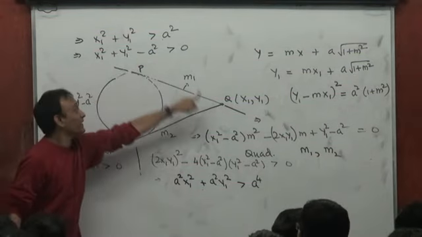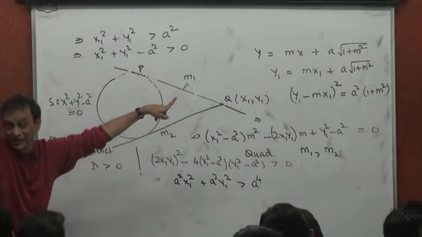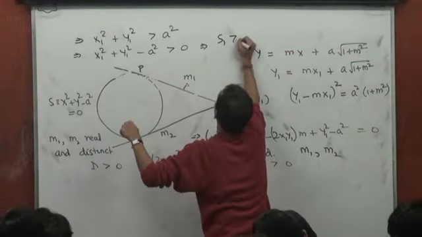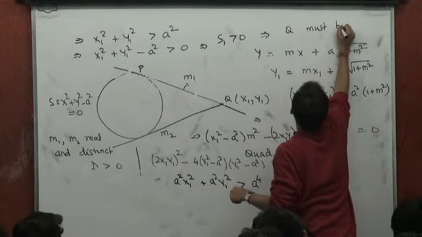S1 greater than 0. That means x1, y1 must be a point outside the circle, implying that Q must be outside the circle.